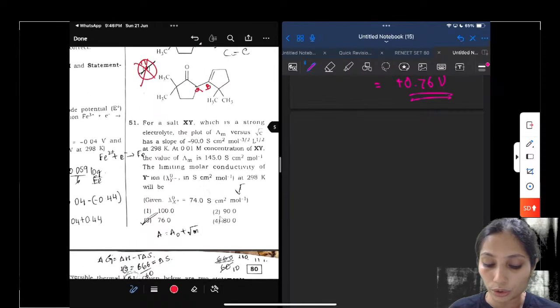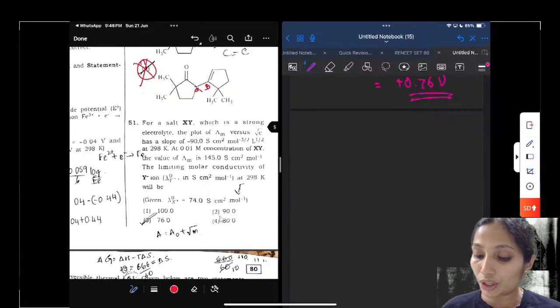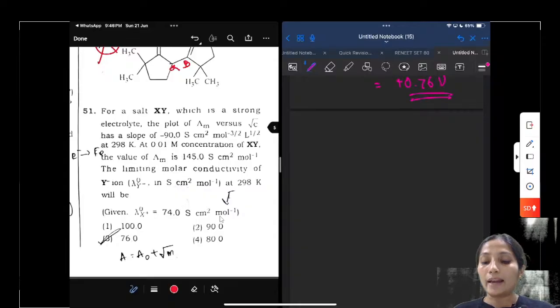Directly you can solve like this. Okay, next go to question number 51. For a salt XY, which is a strong electrolyte, the plot of lambda m versus root C has a slope of minus 90 Siemens centimeter square mole to the power minus 3/2 liter to the power 1/2 at 298 Kelvin.